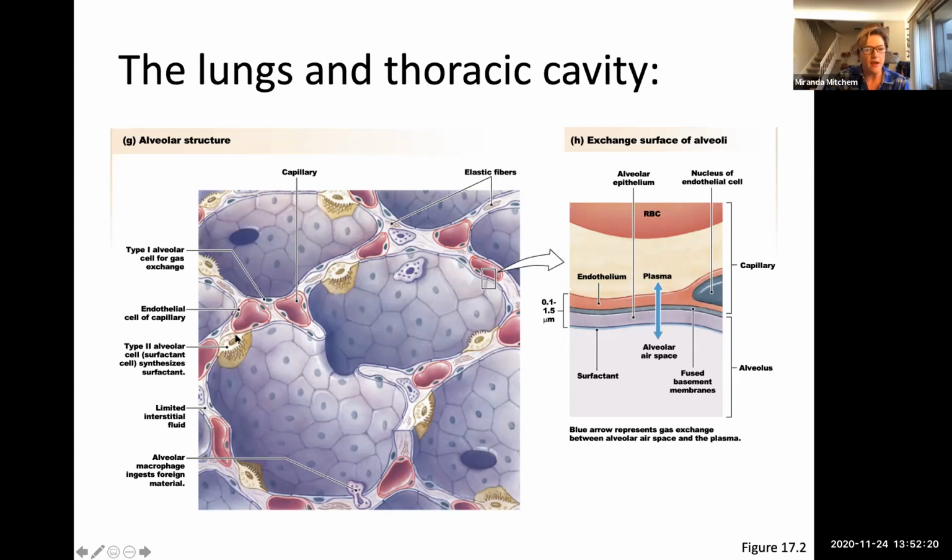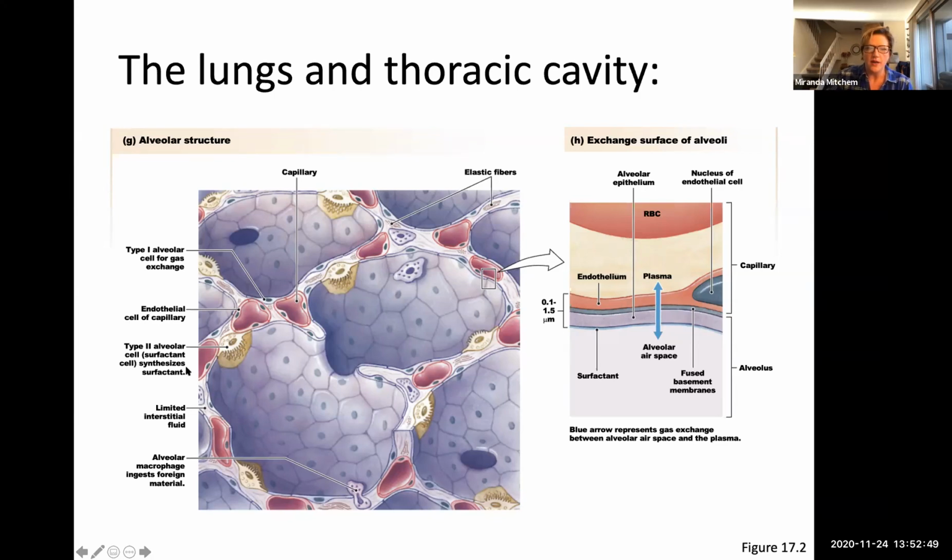But then we also have these type 2 alveolar cells. These are the ones that secrete surfactant, which helps in the lubrication of the airways. So we've got type 1 alveolar cells that do gas exchange, and then type 2 are the ones that produce surfactant.